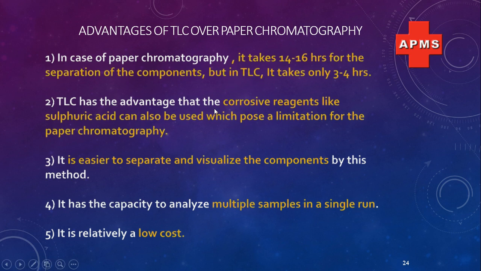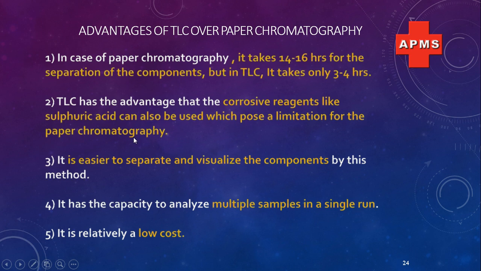TLC has the advantage that corrosive reagents like sulfuric acid can also be used, which poses a limitation for paper chromatography, because sulfuric acid may not degrade the stationary phase silica gel or alumina gel, but the sulfuric acid may damage the filter papers which are used in paper chromatography.